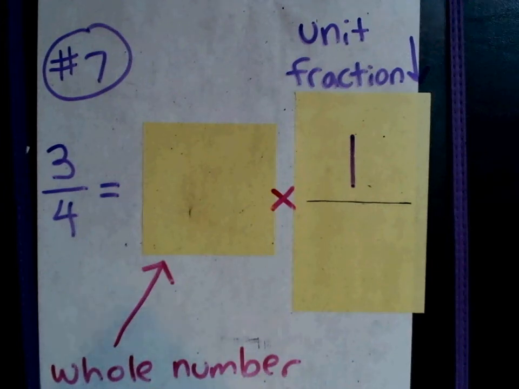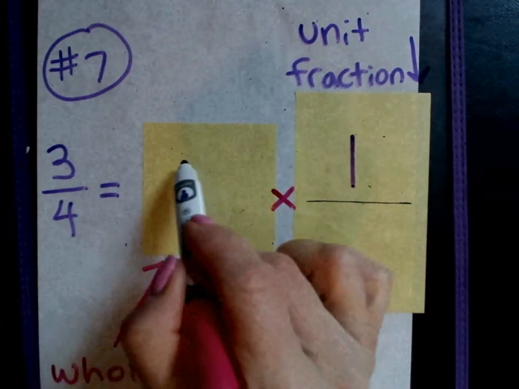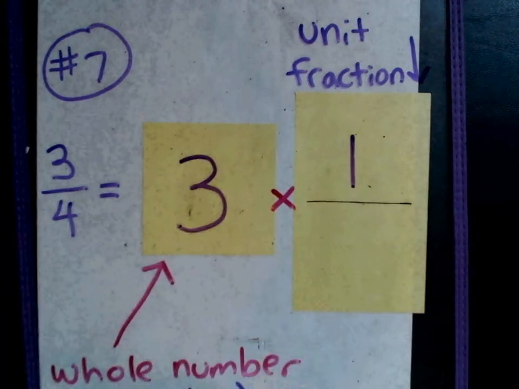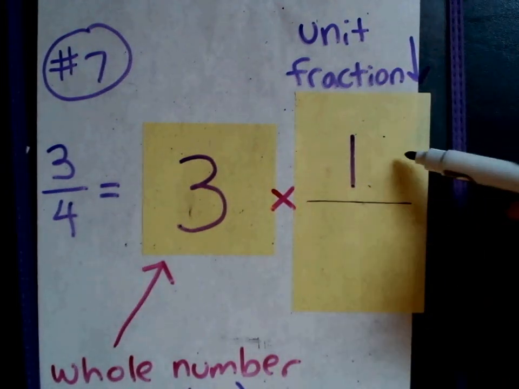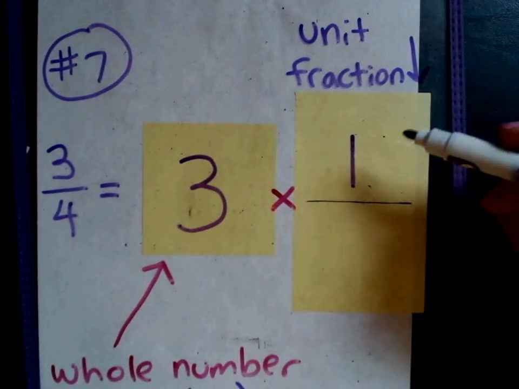So the whole number is going to be the numerator. So the numerator here is 3. So I'm going to write the 3 nice and big. That's my big number. And then I will multiply that by the unit fraction.